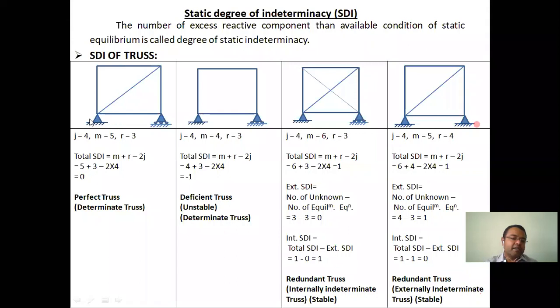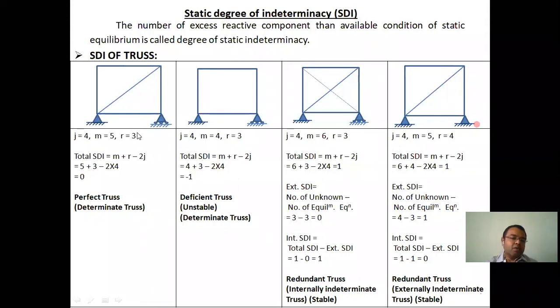If there is a hinge support, there will exist 2 reactive components, vertical and horizontal. For a roller there will exist a single reactive component perpendicular to the plane. So here a single reactive component, here 2 reactive components. So 2 plus 1, 3.